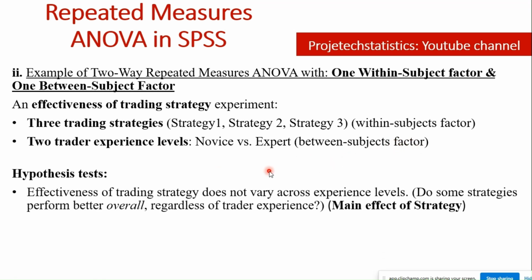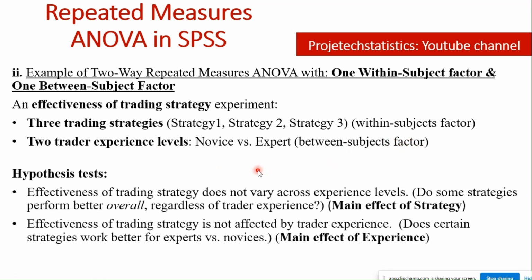So here, some of the possible hypothesis tests are that the effectiveness of trading strategy does not vary across experience level. This is the main effect of strategy. Then the other one is that effectiveness does not depend on the trader's experience, which is the main effect of experience.